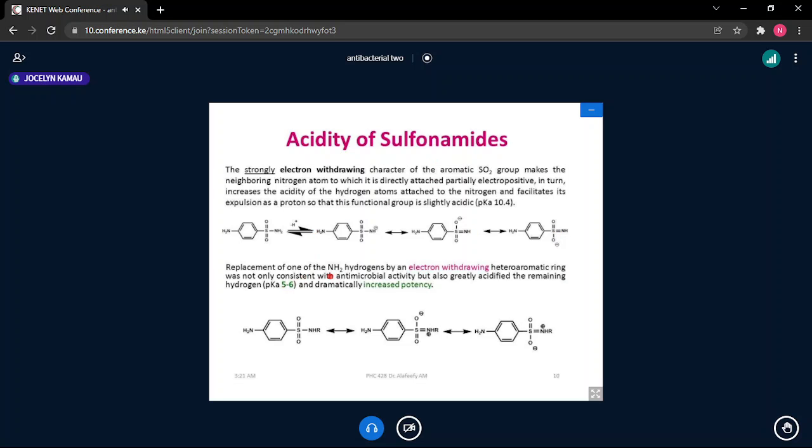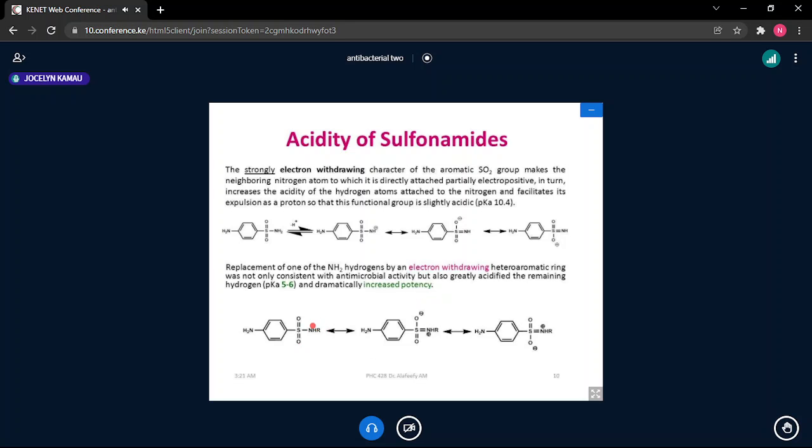Replacement of one of the hydrogens of the amino group by an electron withdrawing heteroaromatic ring was not only consistent with antimicrobial activity, but also greatly acidified the remaining hydrogen, whereby the hydrogen gets a pKa between 5 and 6 and dramatically increased potency. So you increase the acidity of the molecule.